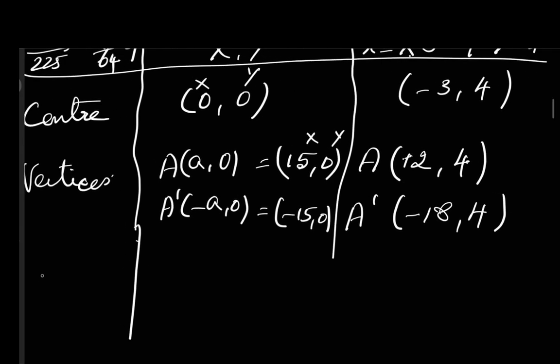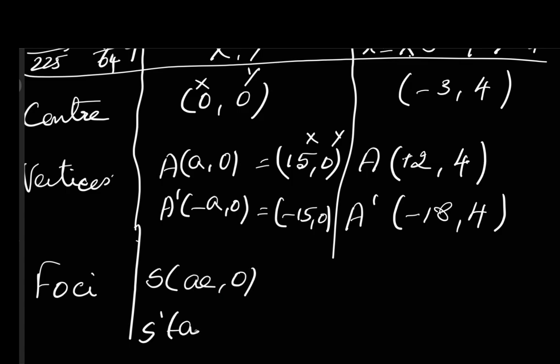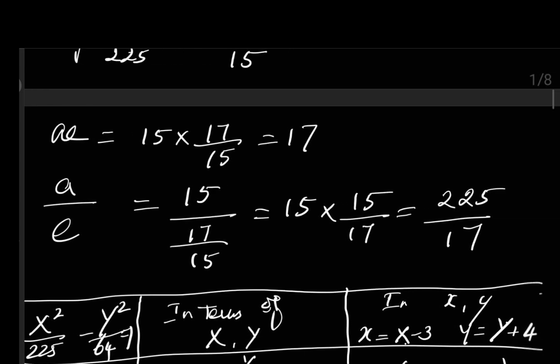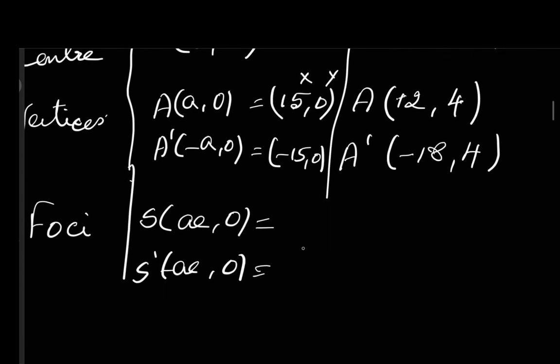Third one is foci. Here the foci S is AE, 0 and S dash is minus AE, 0. We found the value of AE, it is 17. So 17, 0 and minus 17, 0.